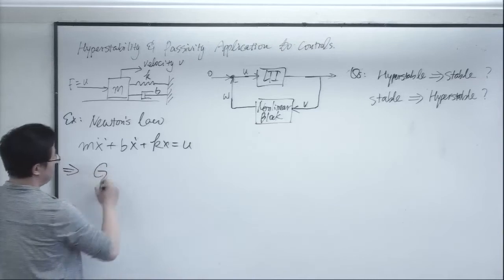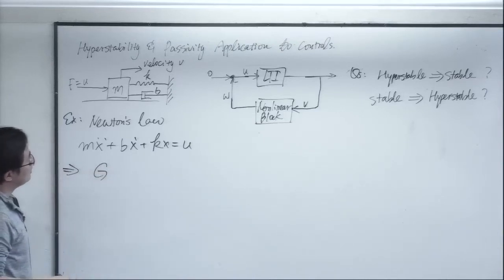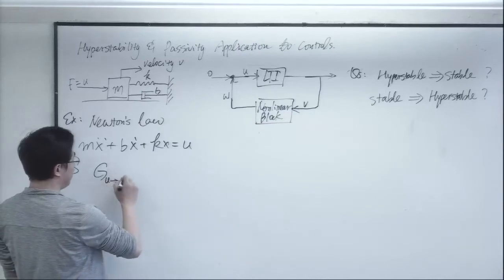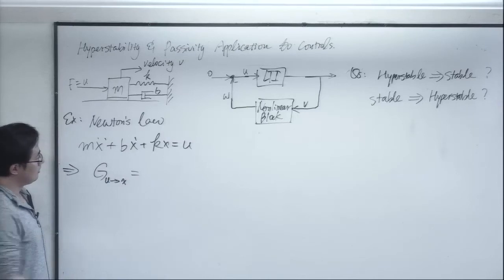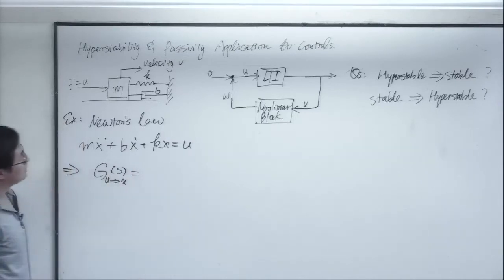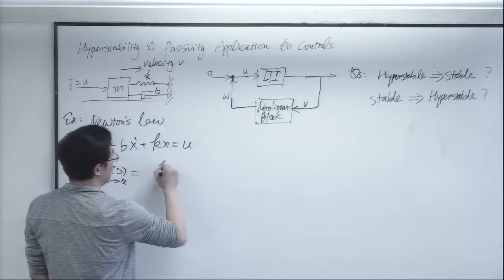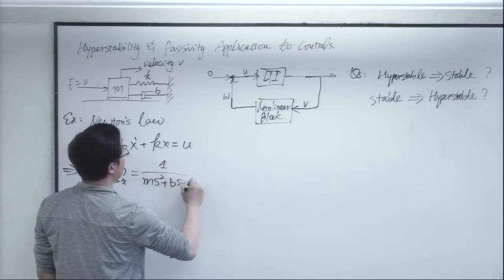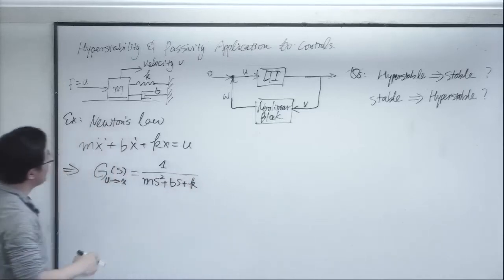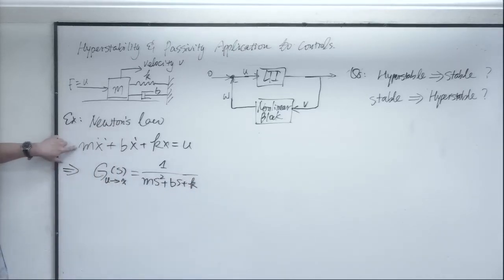So therefore, let's write out the transfer function from the force to the position, which is essentially 1 over ms squared plus bs plus k, after you apply the Laplace transform.